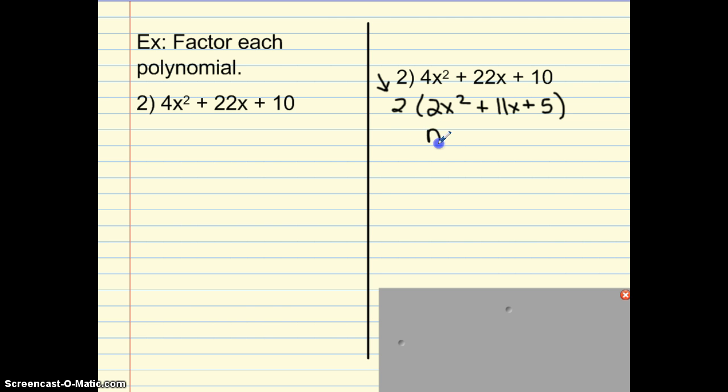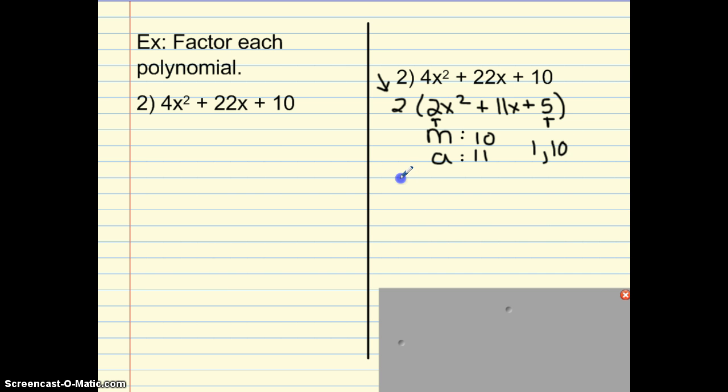So instead, we're going to be multiplying to 2 times 5, which is 10, and we're going to add to 11. When I think about things that multiply to 10 and add to 11, I'm going to say 1 and 10, actually.